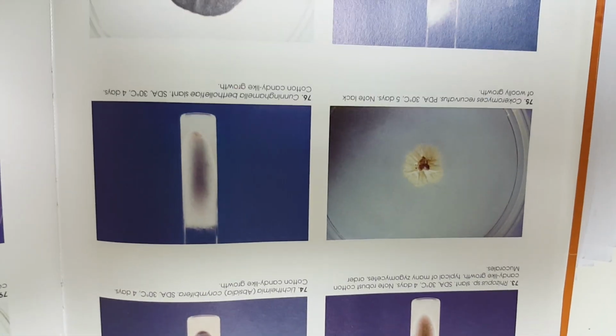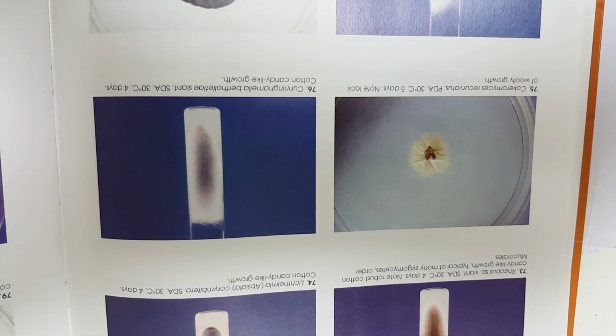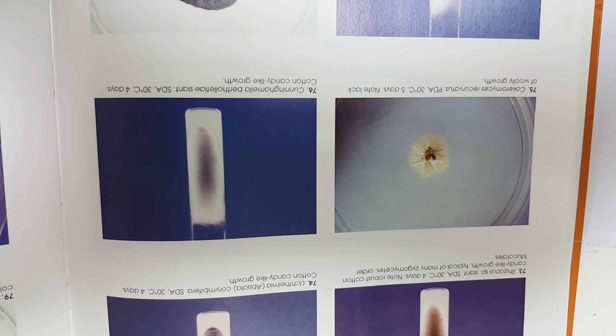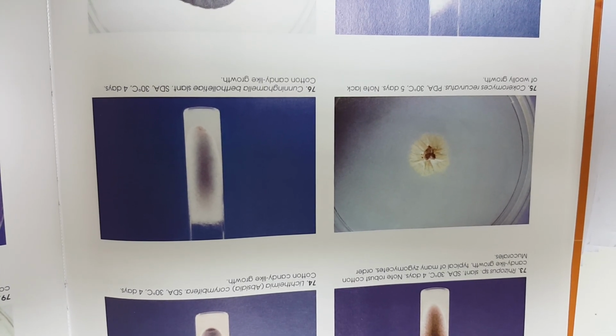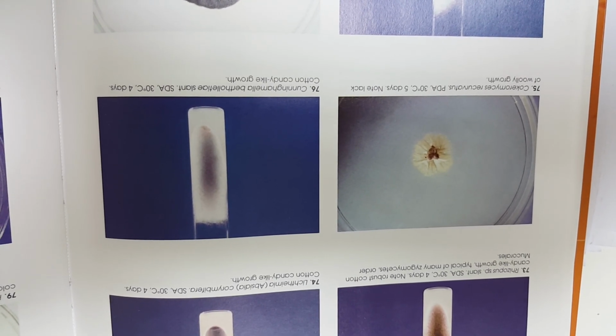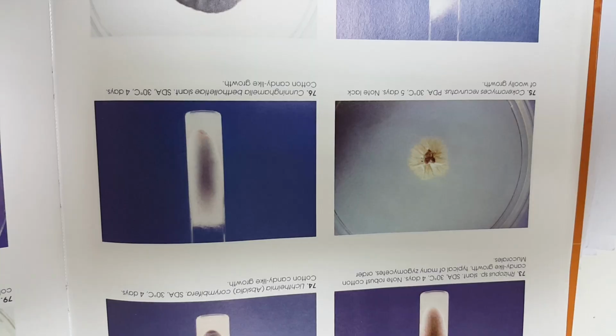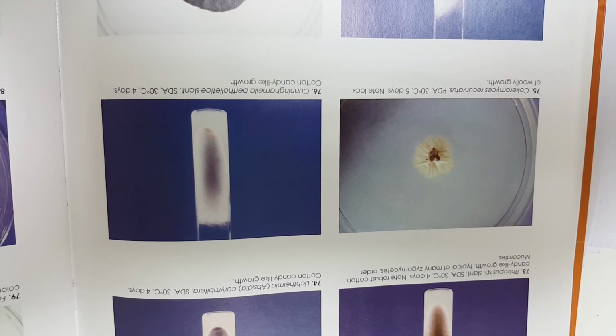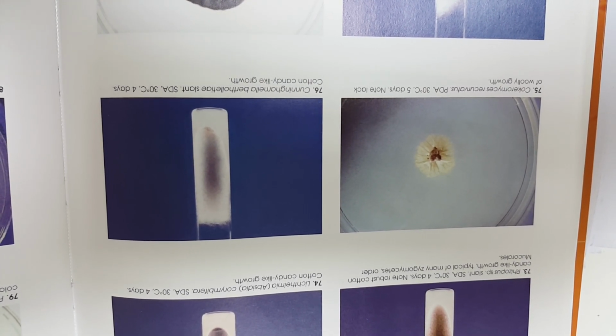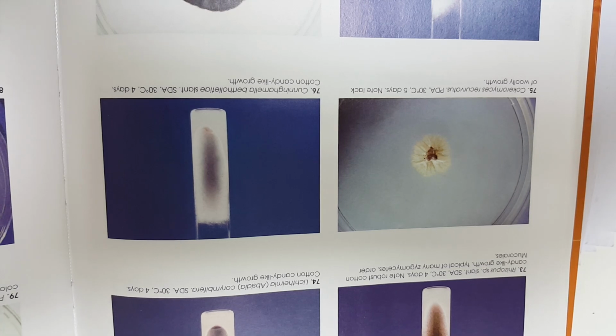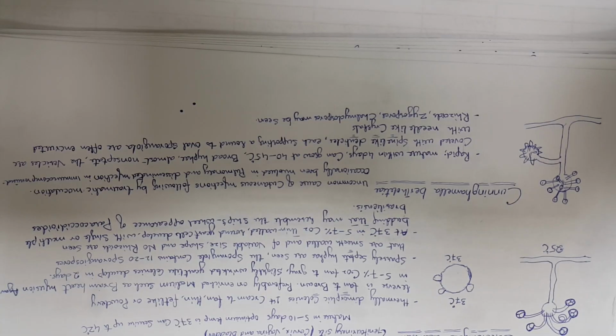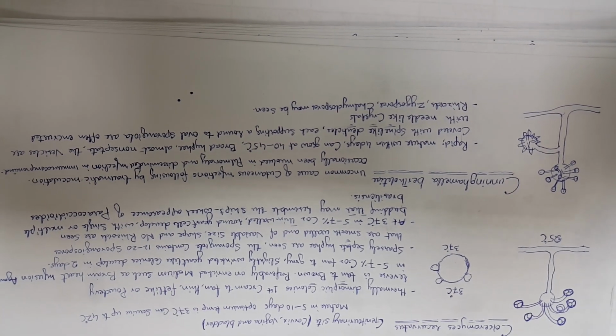And if you see the Cokeromyces on PDA and Cunninghamella bertholletiae slant, it is also like Rhizopus species.